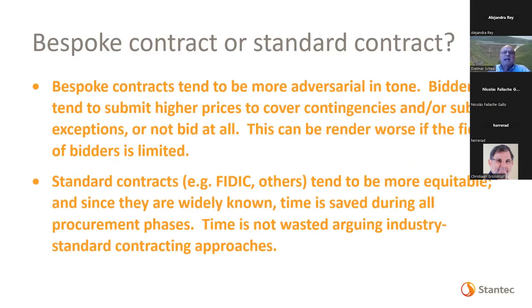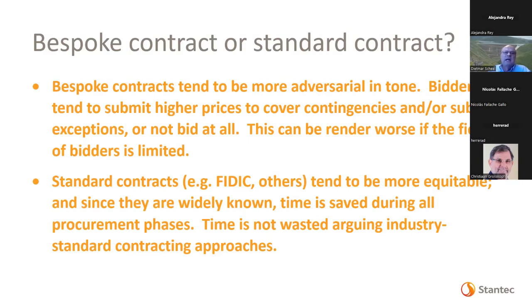Bespoke contracts tend to be more adversarial in tone. Bidders tend to submit higher prices to cover contingencies and or submit exceptions or not bid at all. And that's particularly scary if your group of bidders is somewhat limited. You can't afford to lose any bidders.